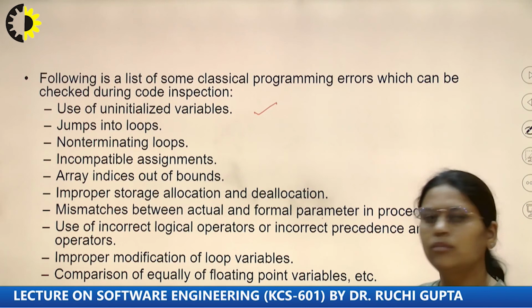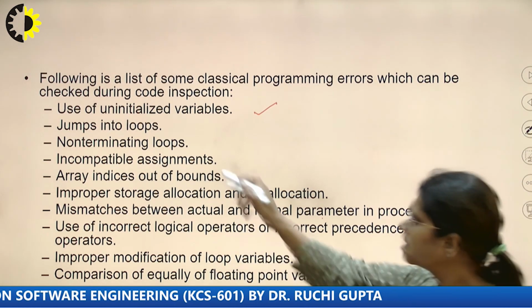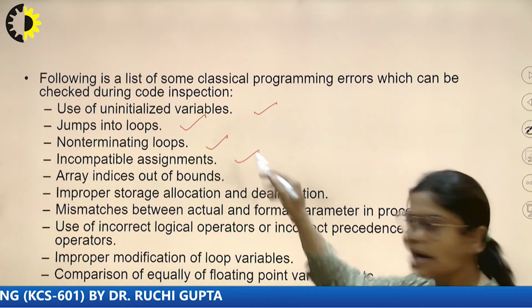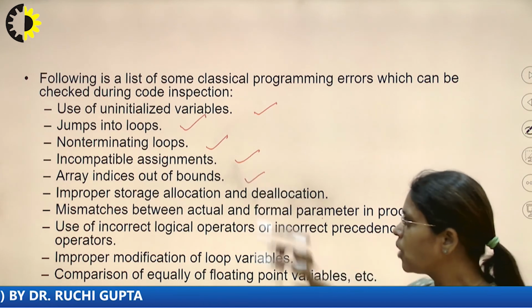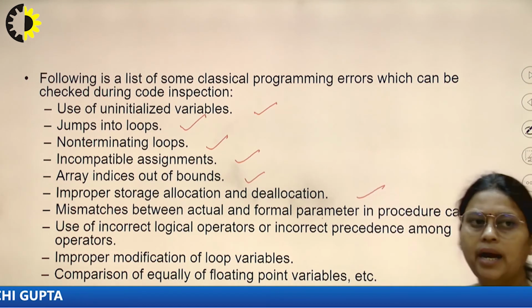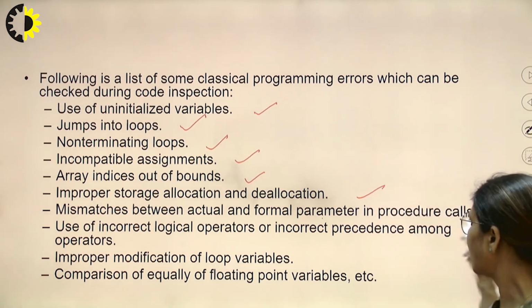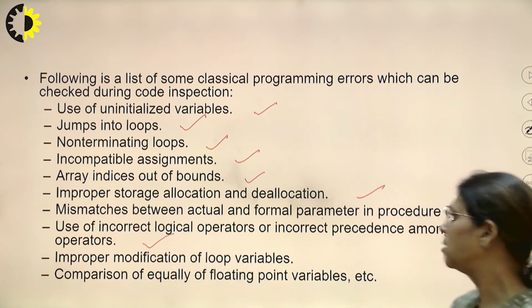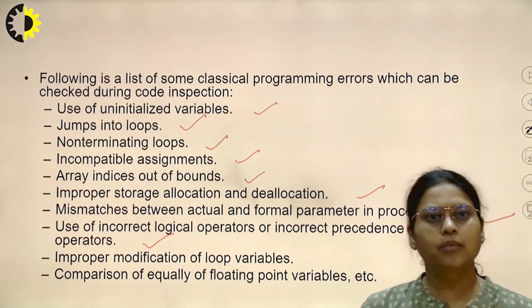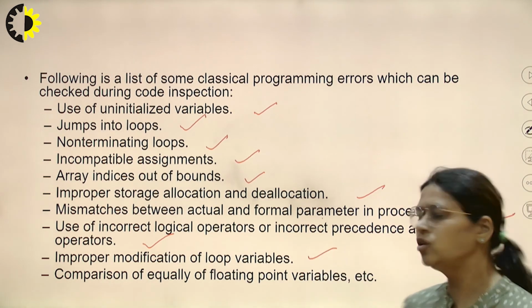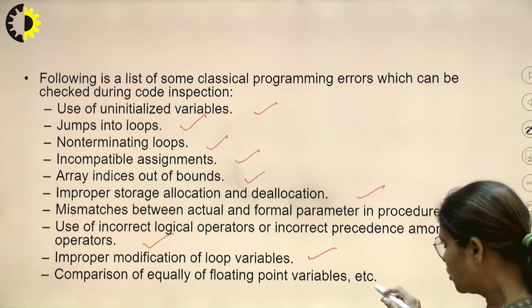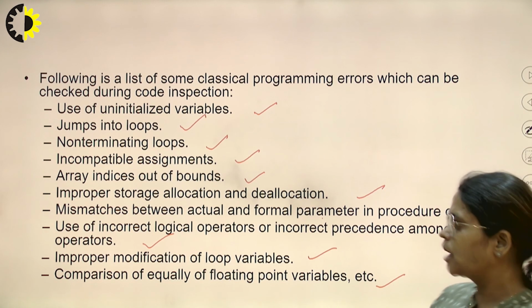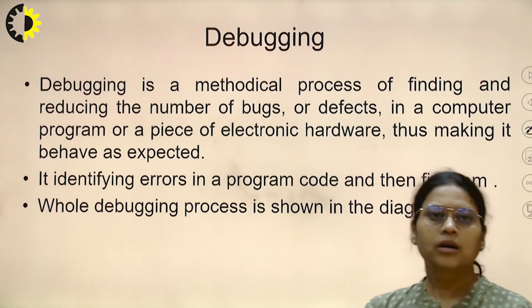One is use of uninitialized variables, jumping into loops, non-terminating loops, incomplete assignment, array indices out of bounds, improper storage allocation, mismatch between actual and formal parameters in a procedure, use of incorrect logical operators or incorrect precedence among operators, improper modification of loop variables, and comparison of equality of floating point variables, etc. So these are some errors which we have to consider at the time of programming.